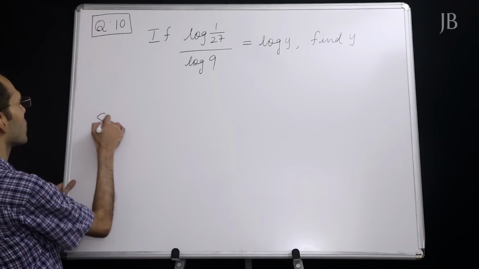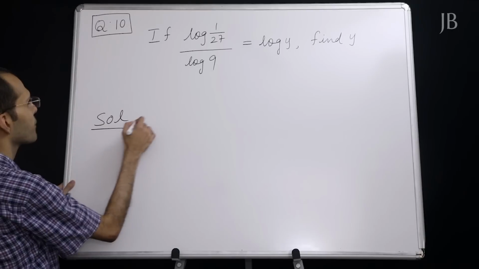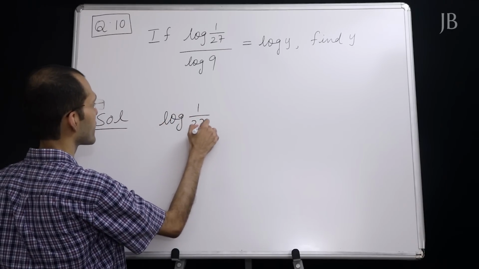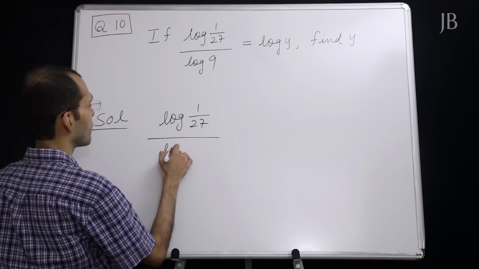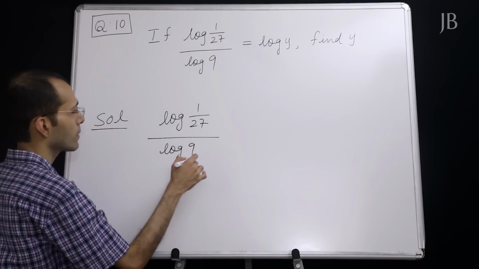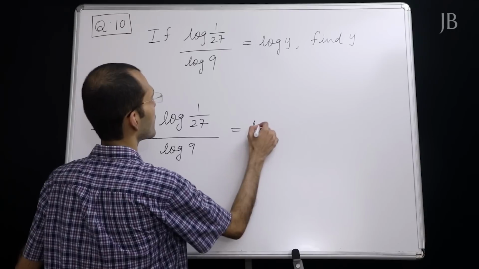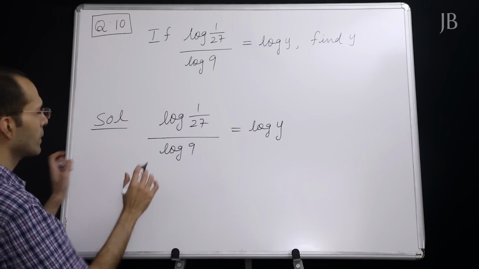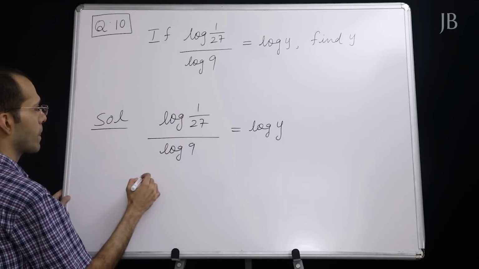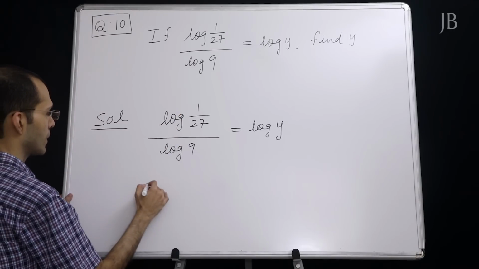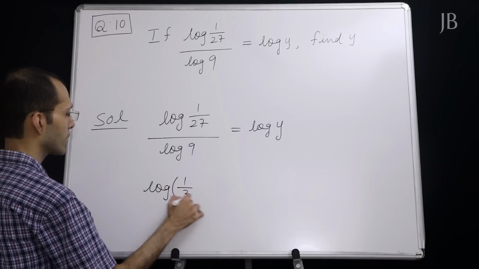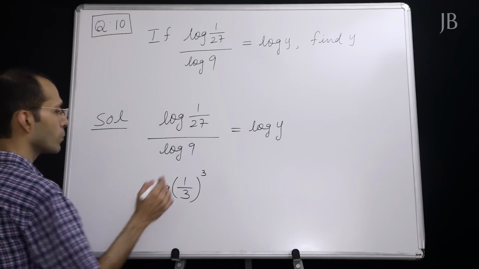So now how to go about it? Log of 1 upon 27 upon log of 9 is equal to log of y. This is given, fine. So we'll have to juggle with this. Now this we will write as log of 1 by 3 cube.